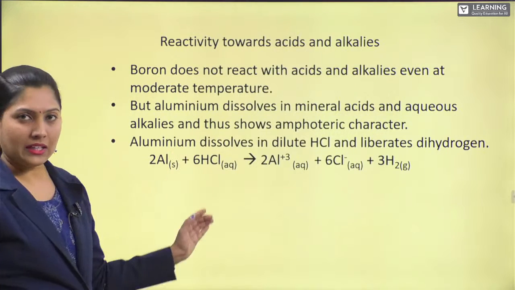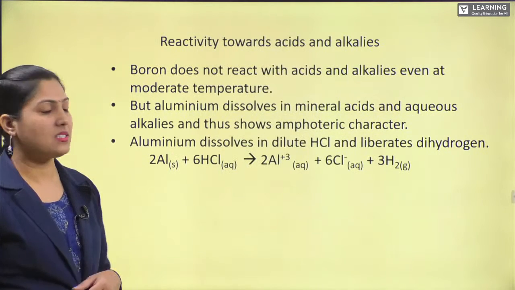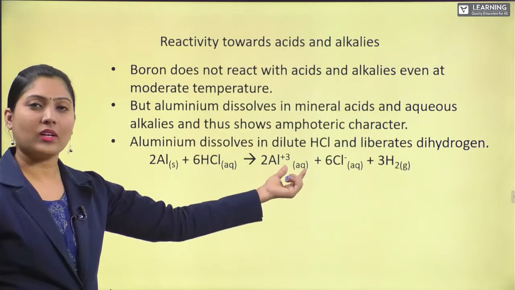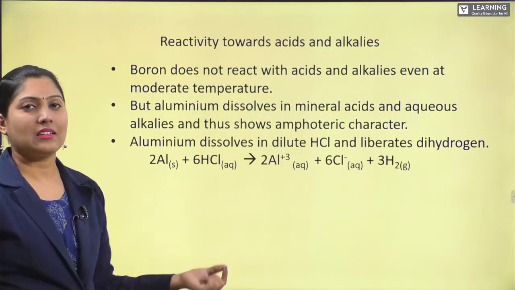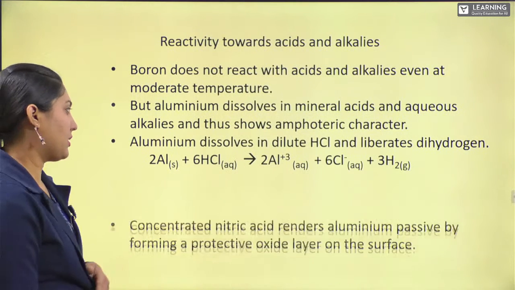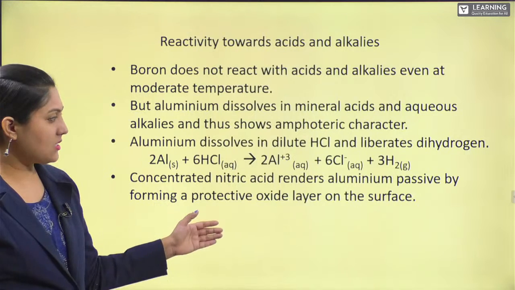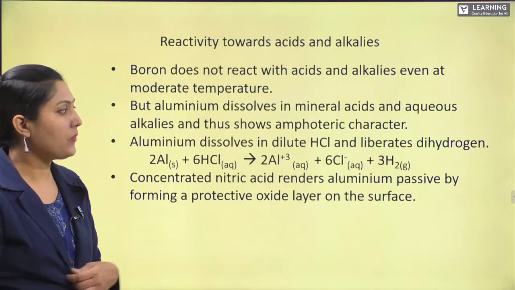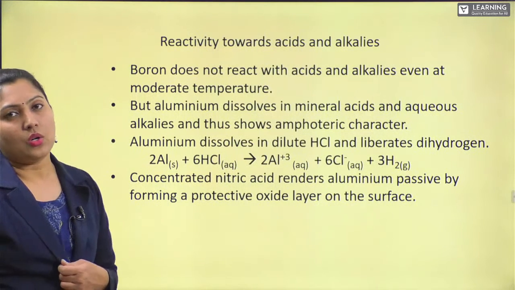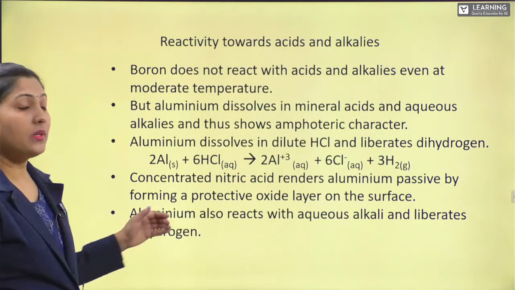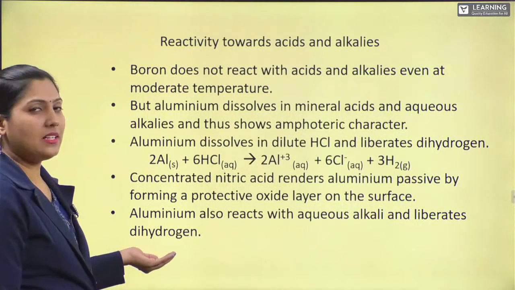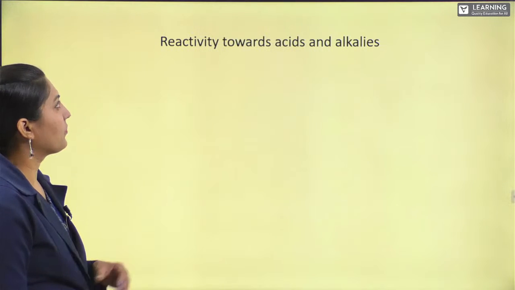So aluminium reacts with HCl to form Al3+ and 3Cl-, in ionic form. You can add it up as AlCl3 as a molecule, and we get 3 molecules of hydrogen liberated. Concentrated nitric acid renders aluminium passive by forming a protective oxide layer on the surface. Aluminium also reacts with aqueous alkali and liberates dihydrogen.